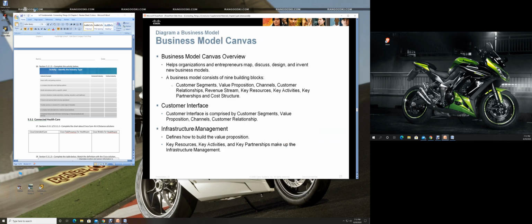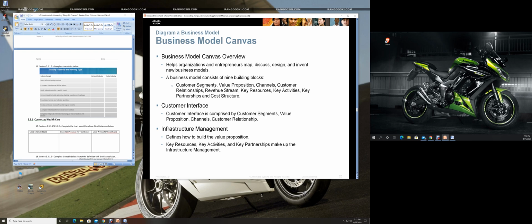So when you're thinking of these things, and trying to come up with business models, if you're creating them, you have to figure out how these are all going to interact, what you plan on doing, and how the decisions you make are going to affect other parts of your business model.